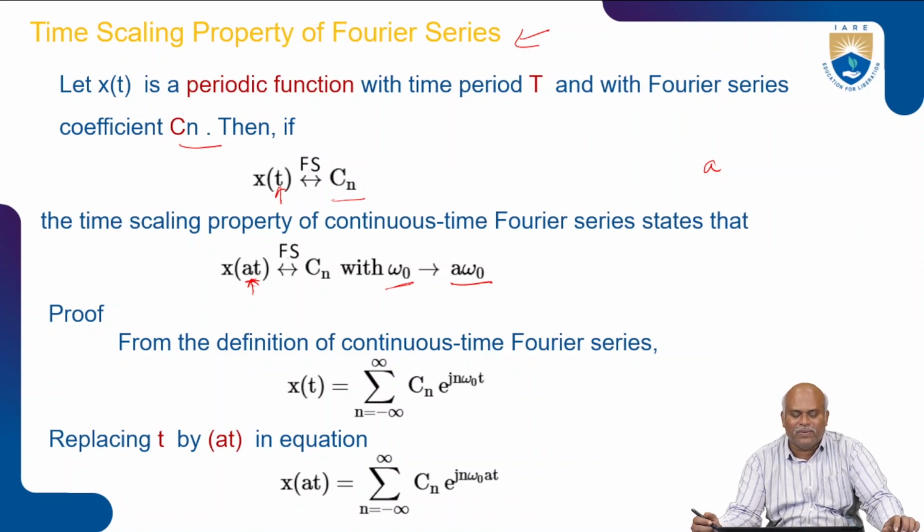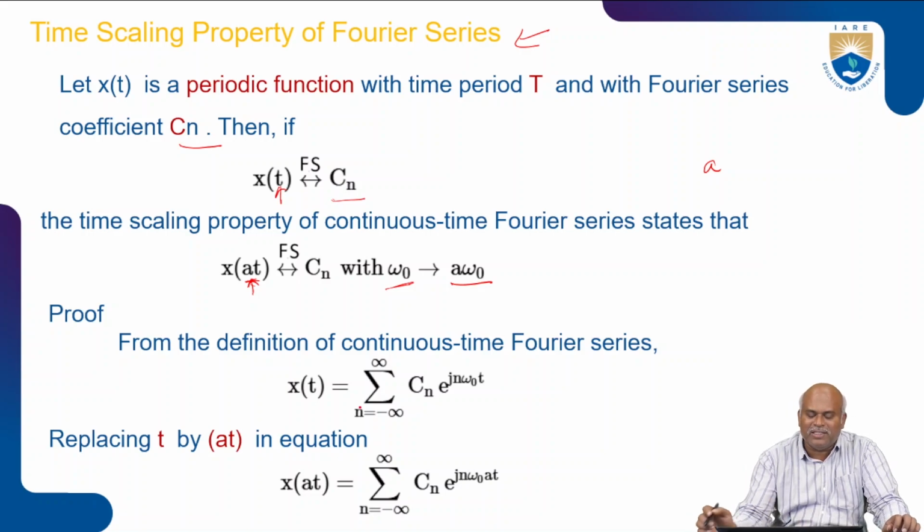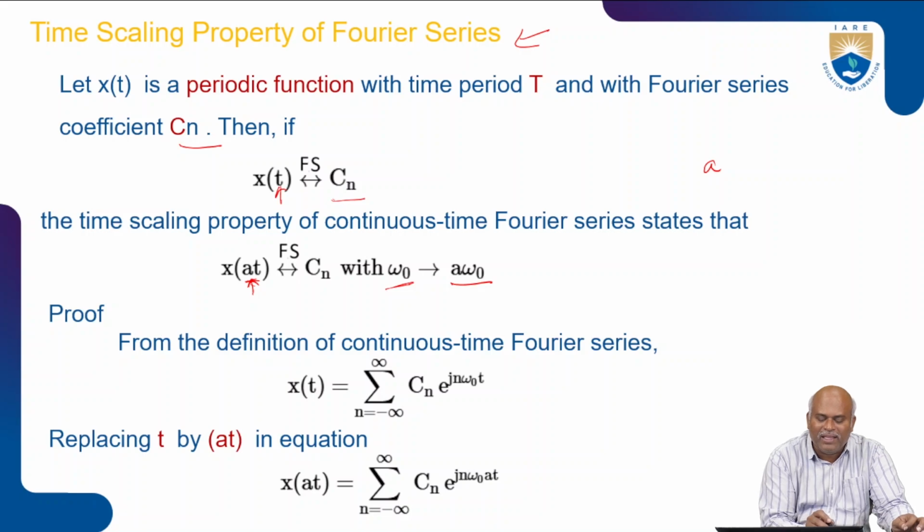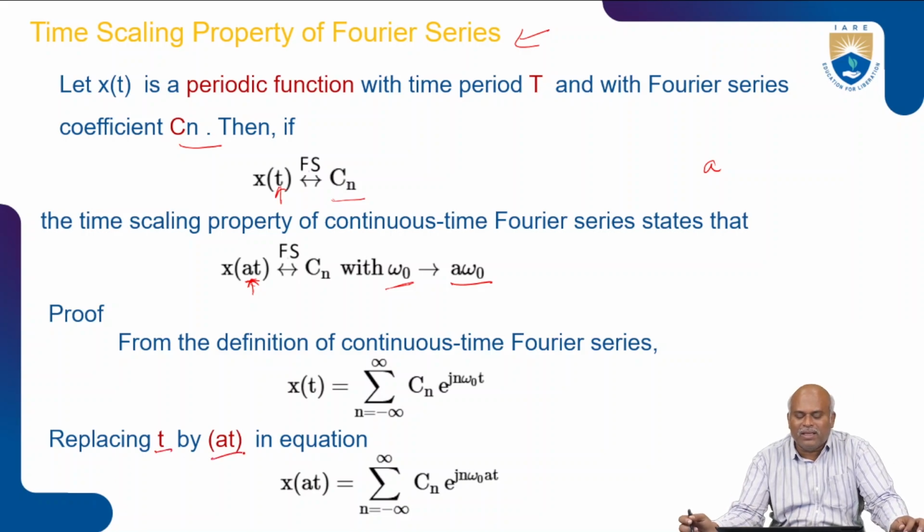Now we go for the proof. From the definition of continuous time Fourier series, I should write x of t is equal to summation of n equal to minus infinity to plus infinity c of n e power j n omega 0 t. Now where the t is present, we should substitute at in the equation.